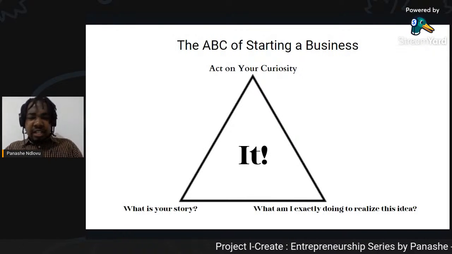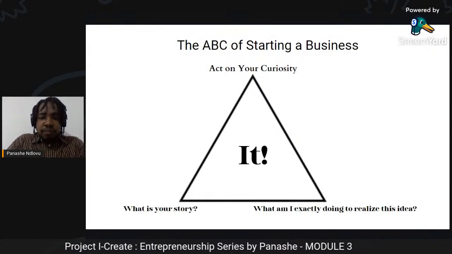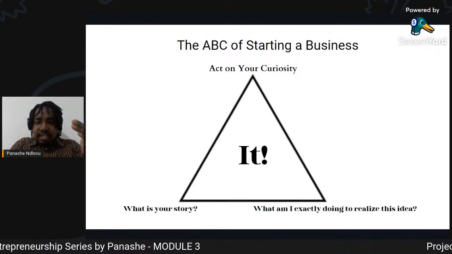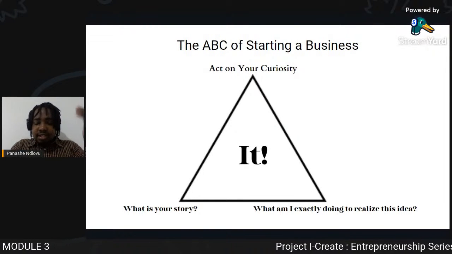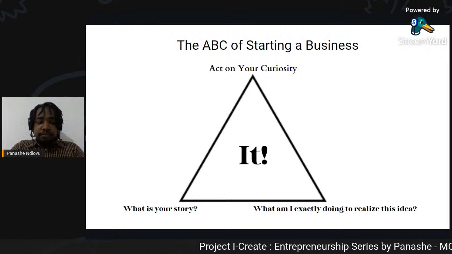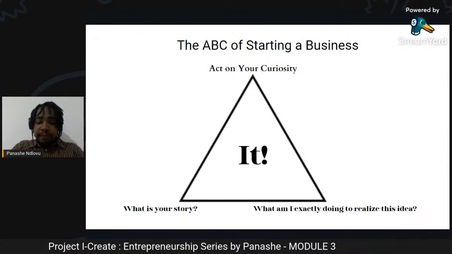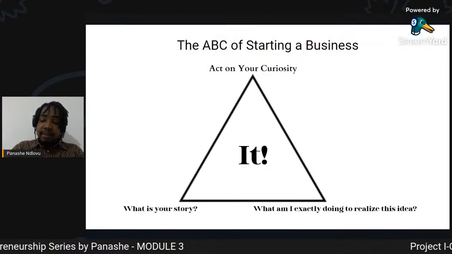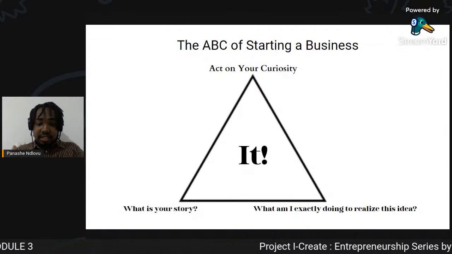So if this business idea doesn't even stimulate you, doesn't get you excited, you might want to reconsider. That's probably a red flag, because it's backed by the wrong reasons.